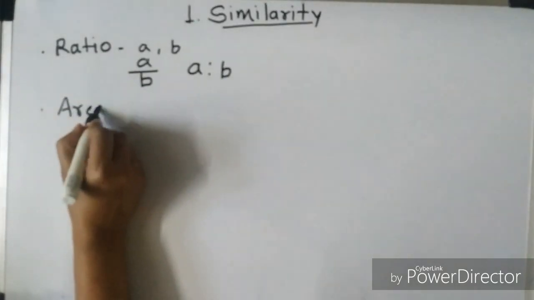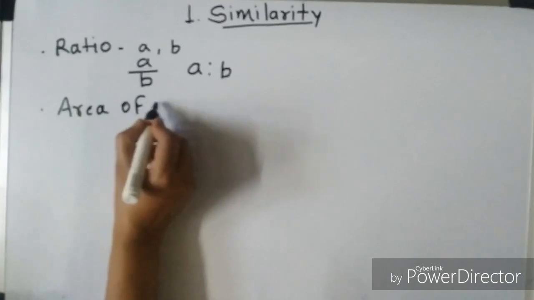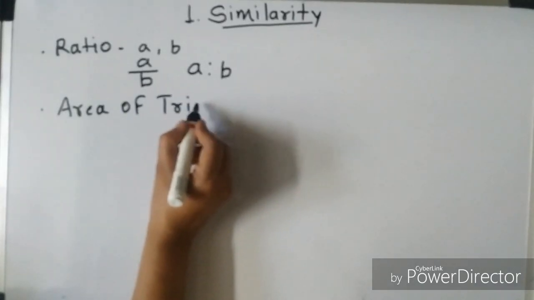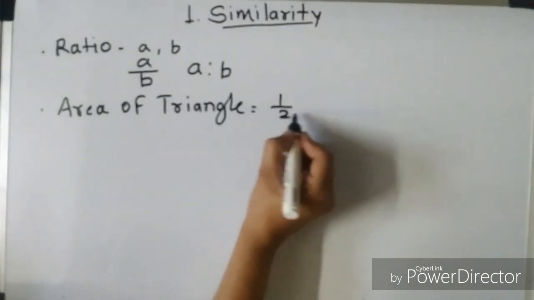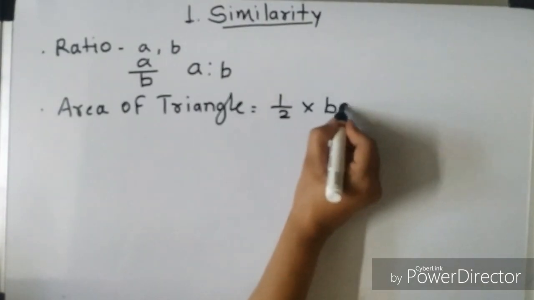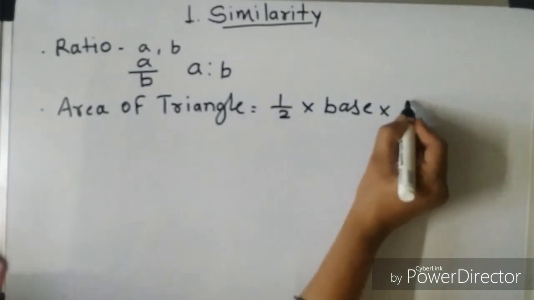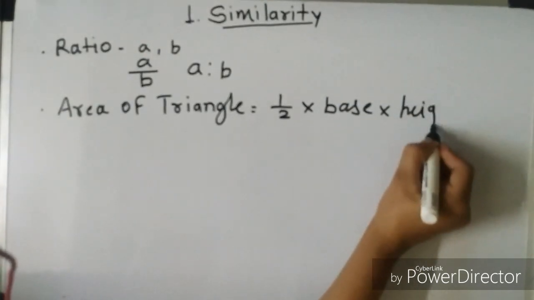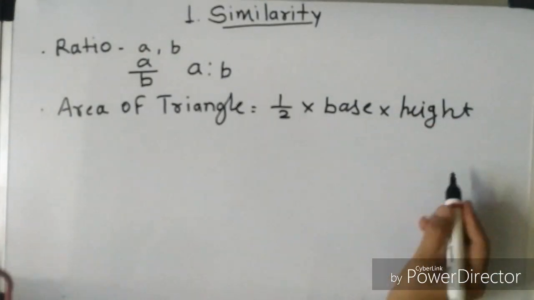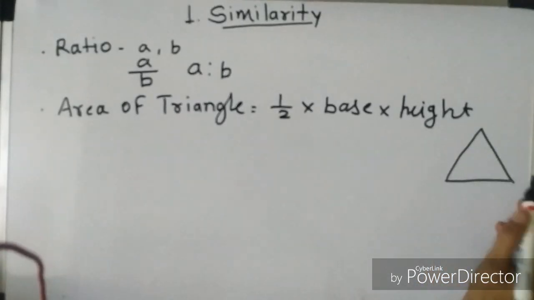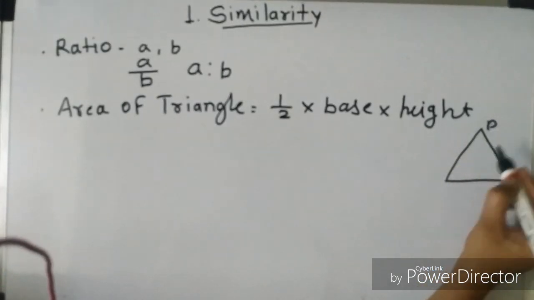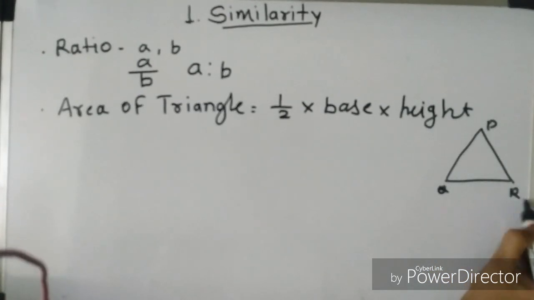We all know the formula of the area of a triangle, right? That is 1 by 2 into base into height. Consider any triangle, for example, this is triangle PQR.